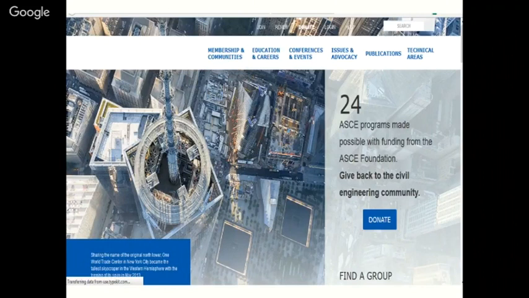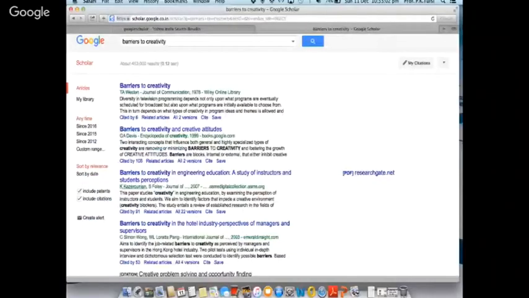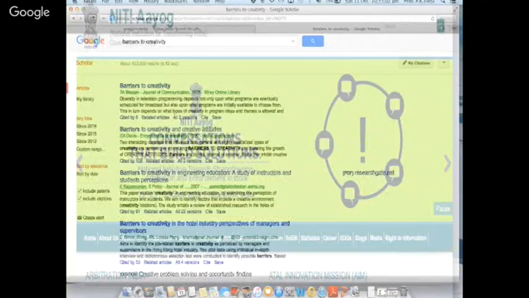Then you have professional associations, and they conduct conferences, and those conference proceedings are also available on their websites. Then you have Google Scholar. So you have a large repertoire of articles available. If you put .pdf, the complete article in PDF format is available to you.